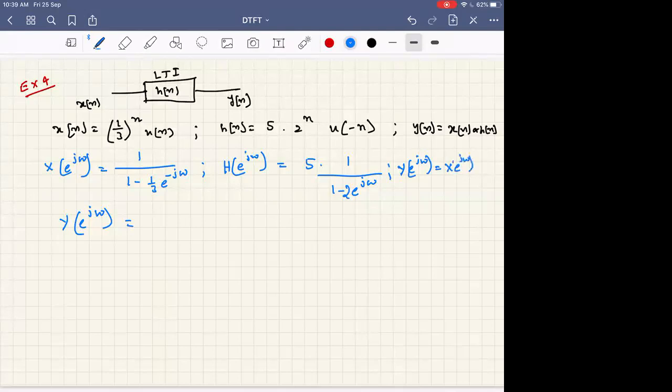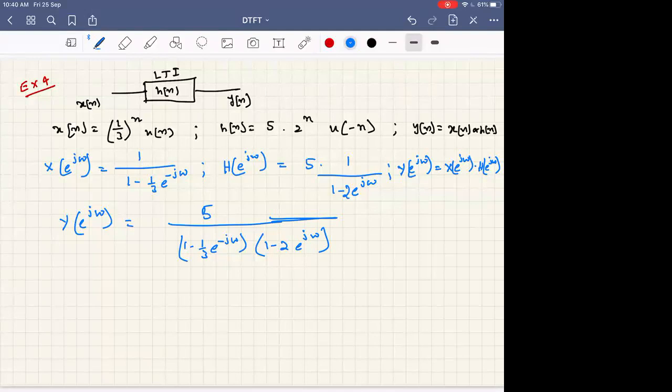So we use exactly the same here: 1 by 1 minus 1 by 3 e power minus j omega, into 1 minus 2 e power j omega. Fine. So now, in 5 times. Okay, so what is it?